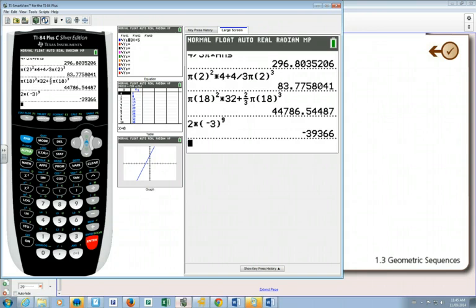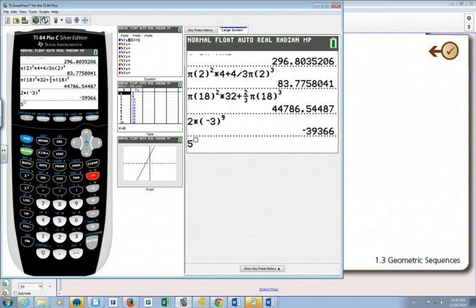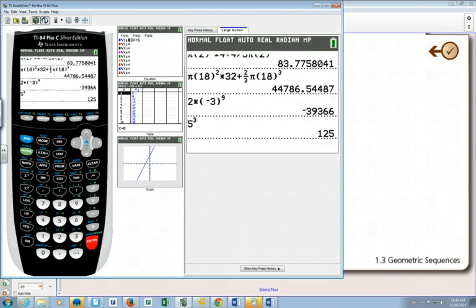How did I put the hat button? So if I want to do 5 to the power of 3, I hit that button right there. Okay? On your calculator, it probably actually draws a little hat button, right? And then you just put the 3, and then it should tell you 125.